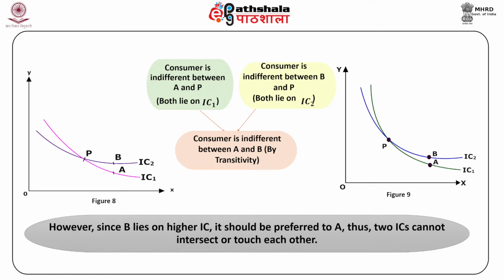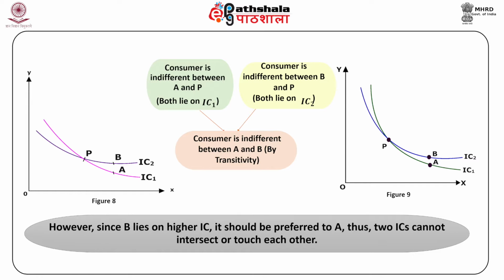Applying transitive assumption, it follows that the combination A will be equivalent to B in terms of satisfaction, but combination B lies on a higher indifference curve and contains more of good Y than combination A, while the amount of X is same in both the combinations. Thus, the consumer will definitely prefer B to A.